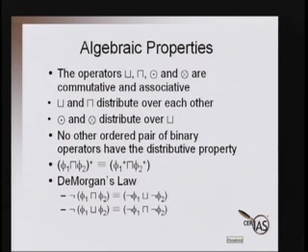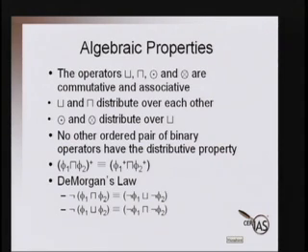After seeing the syntax and the semantics of the algebra, we would like to have a look at the algebraic properties of the algebra. All four binary operators in the algebra are commutative and associative. Square cup and square cap distribute over each other, while O dot and O times distribute over square cup.